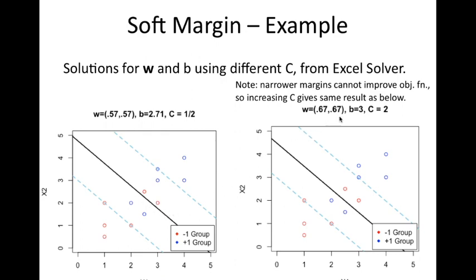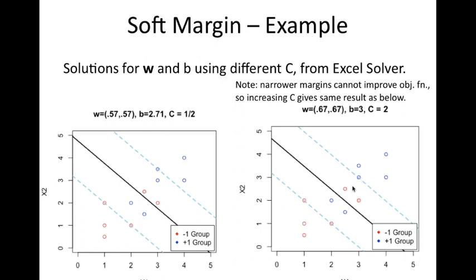So now increasing C even more, at this point, if we were to narrow the margins even further, we can't improve the objective function because we're always going to have these 4 points misclassified somehow. These 3 points are right on the margins, so they don't incur any cost. The slack value is equal to 0.